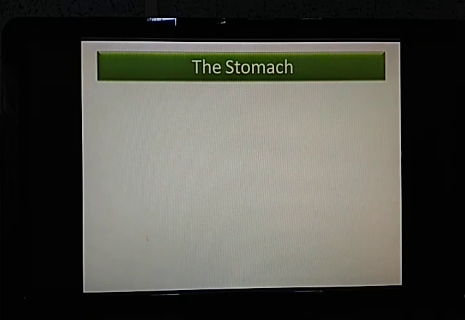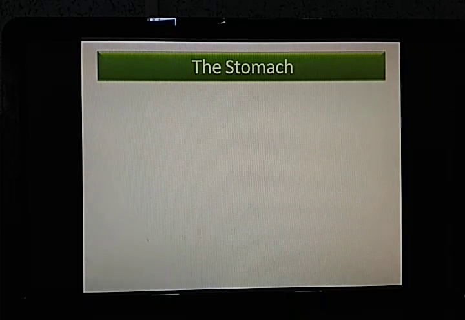Hello everyone. Today we'll be discussing further in this chapter called Nutrition in Animals. So today's topic is the stomach. We all know the stomach is an important organ of our body which helps in the digestion process.